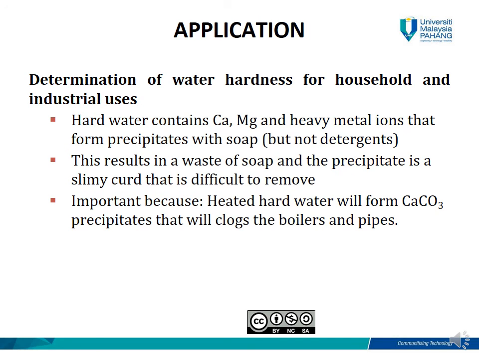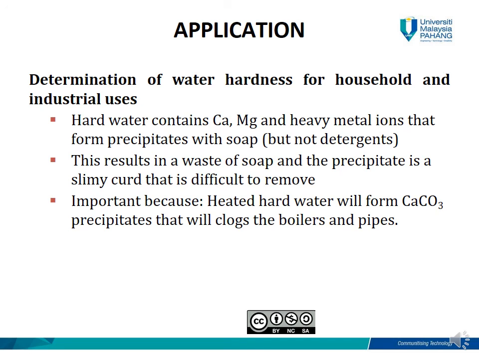Now we go to the last part of this topic, which is the application of complexometric titration. It is widely used to determine water hardness for household and industrial users.